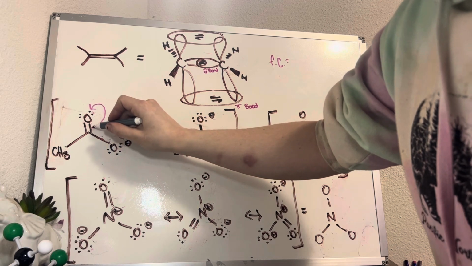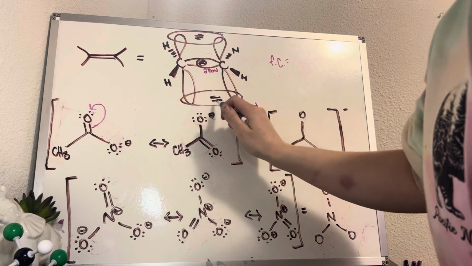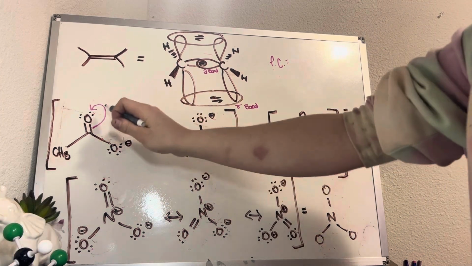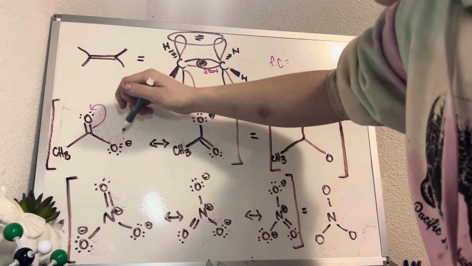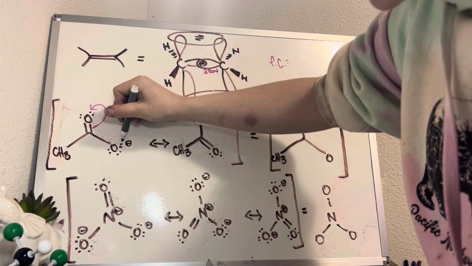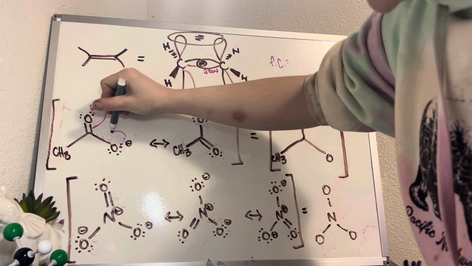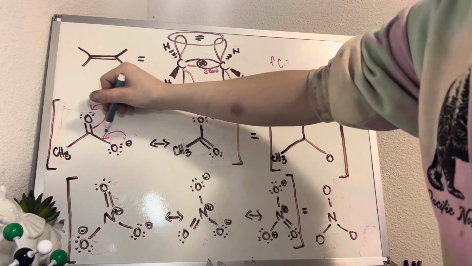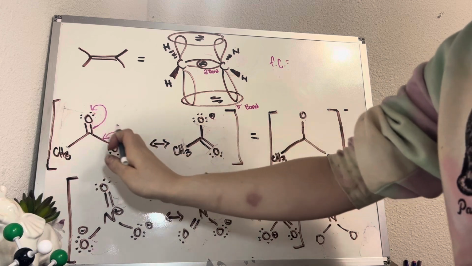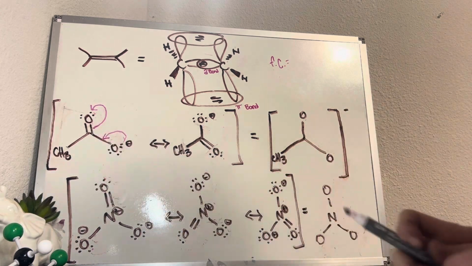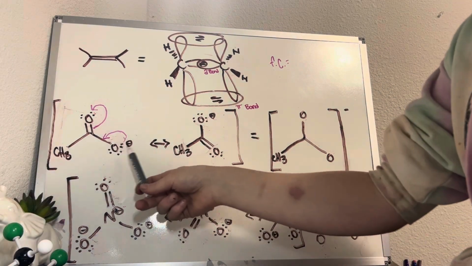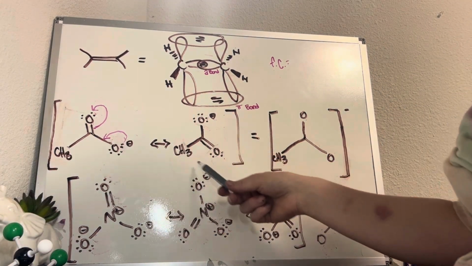So I am breaking my bond from my pi bond and moving into its lone pair region up here on that atom. And similarly over here, I want my arrow to go from this lone pair, and I'm going to delocalize it and move it and make a pi bond on this oxygen atom connected to this carbon atom. So, which results in this structure on the right hand side.